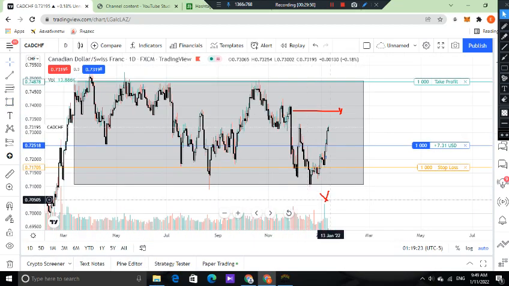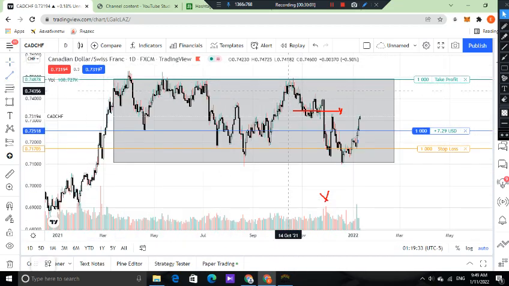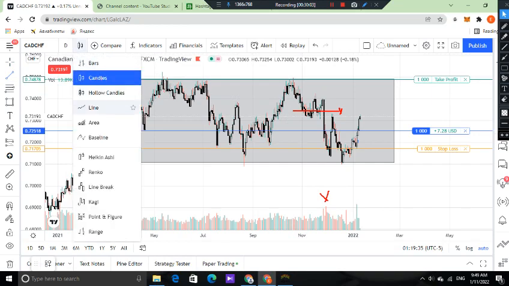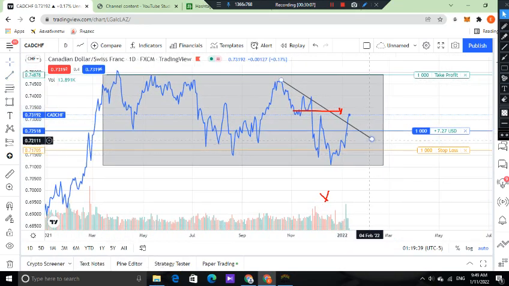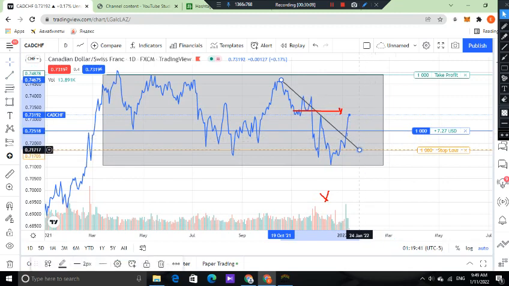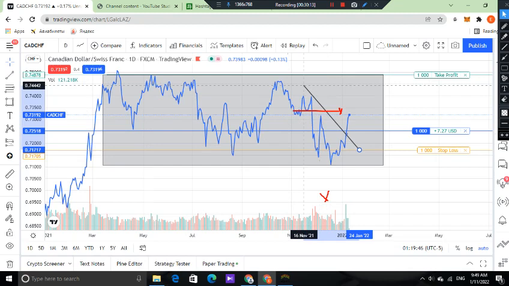When you have a trading range, you just buy at the bottom and sell at the tops. It's not that hard. You can draw a trend line like this one, or draw it this way.